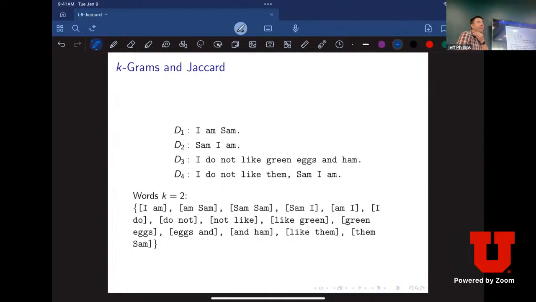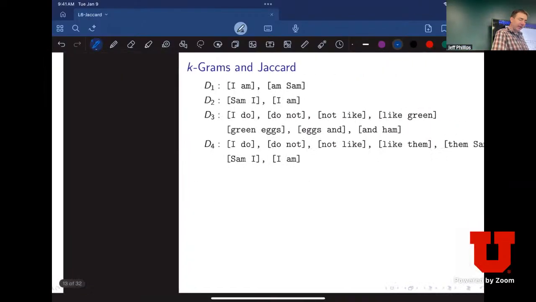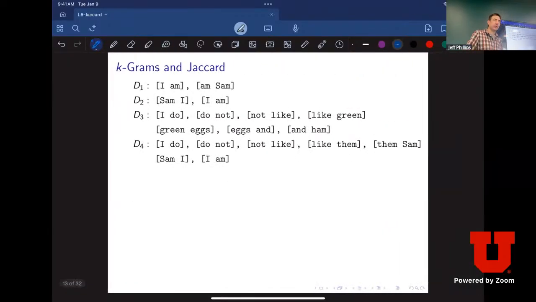All right, so let's put Jaccard and this k-gram modeling together and see how this works. Again, let's do k equals 2, and this is the set of pairs of words that show up in these documents. But I want to treat them as four different documents, to give you some examples of using Jaccard similarity.